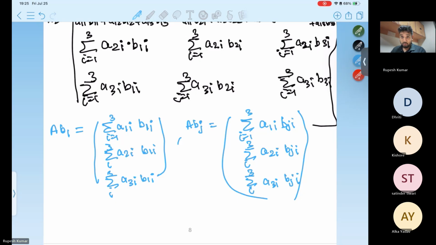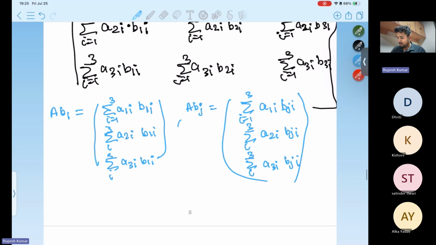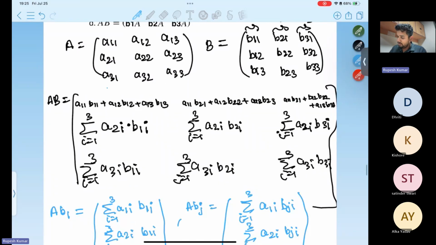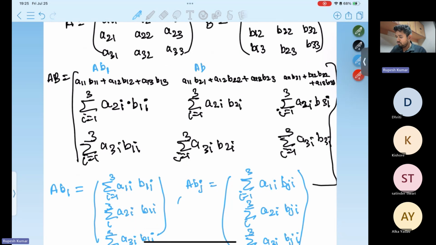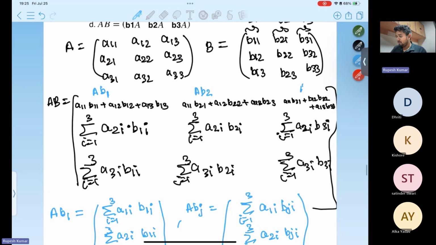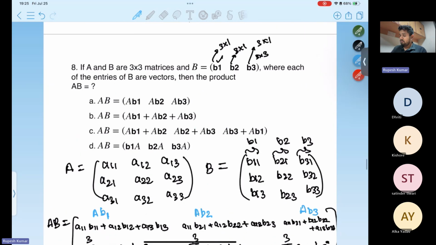Again A3I B1I. These are matching. So this first column can be entirely replaced with AB1. Again, you will find the same pattern in the second column, AB2, and in the third column, AB3, right?